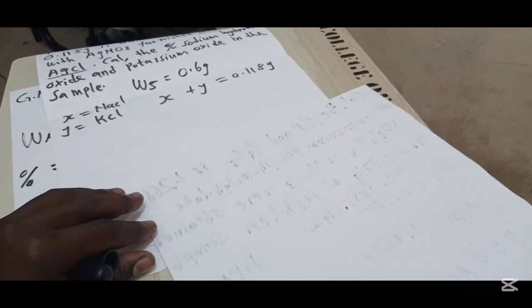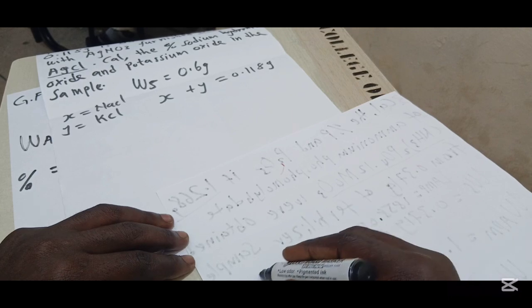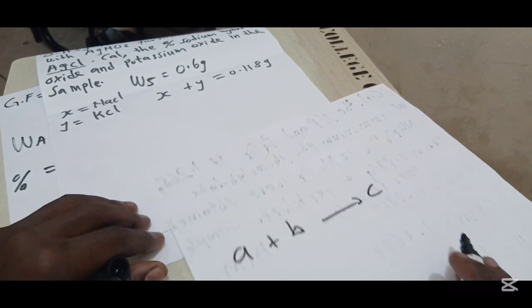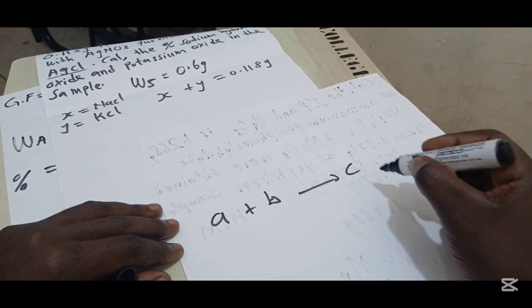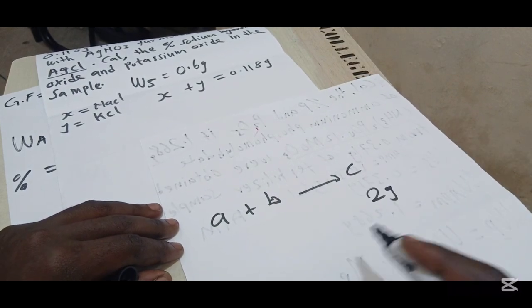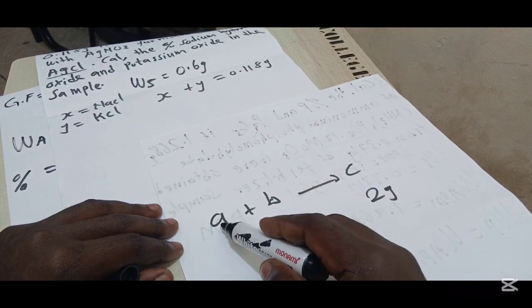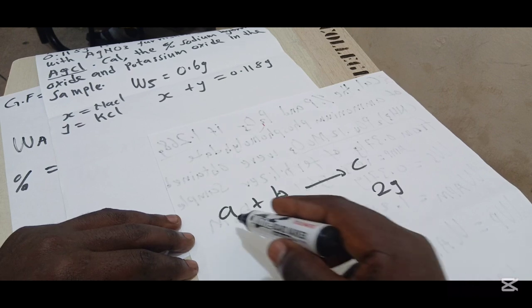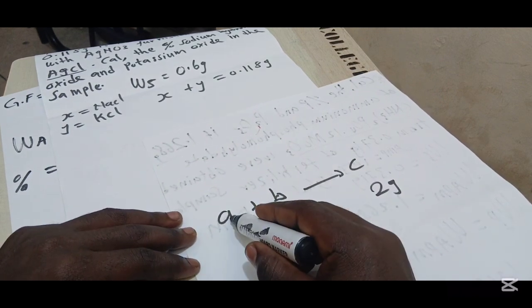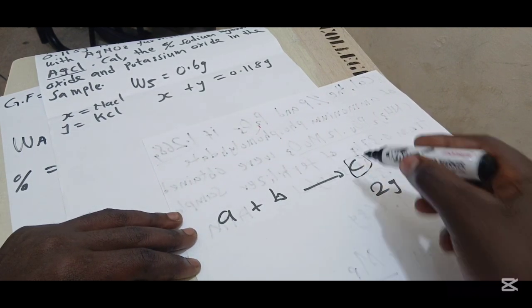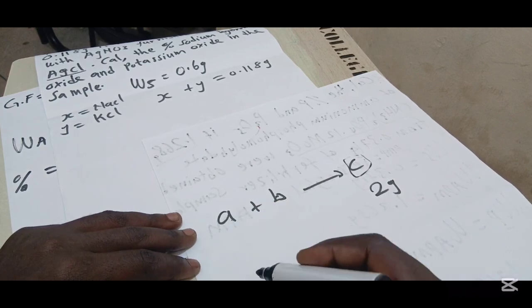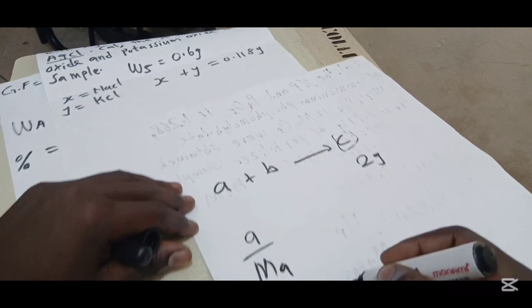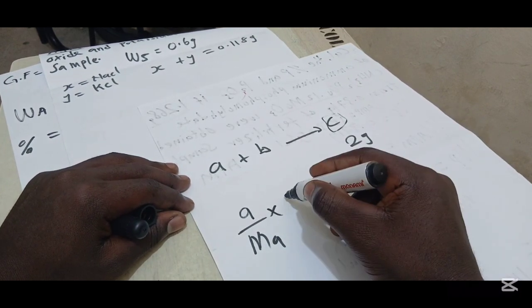Well, if I know that a sample A and B gives me C, and I know the mass for C to be 2 grams, that means in basic calculations, I can spot out the mass of A and B that combine to give me C. So let's say A, I know the molar mass of A and I know the molar mass of C. So I can just calculate the mass of A by saying mass of A over molar mass of A, multiplied by the molar mass of the product.